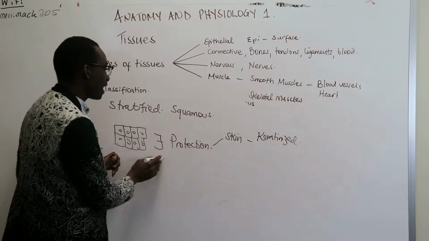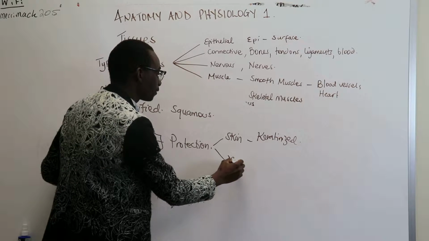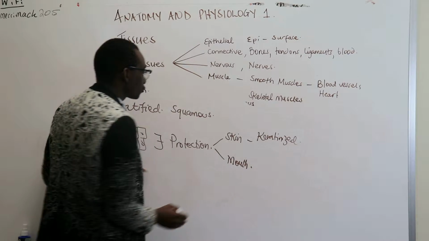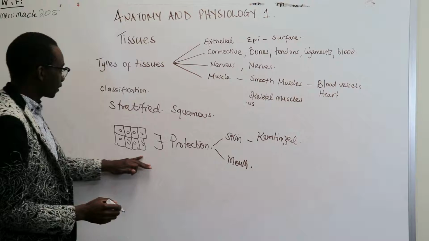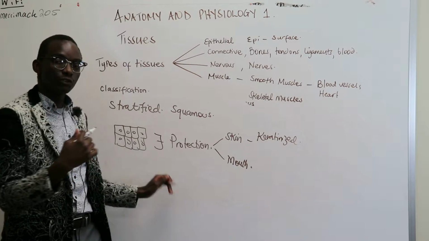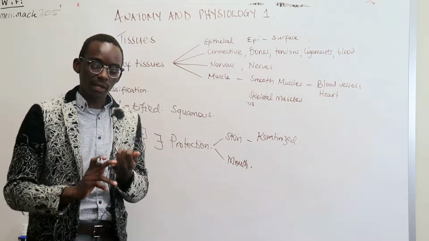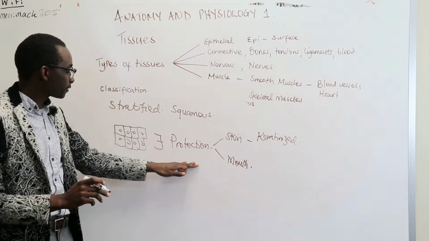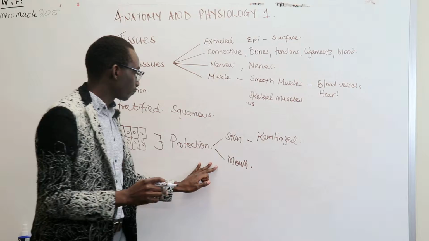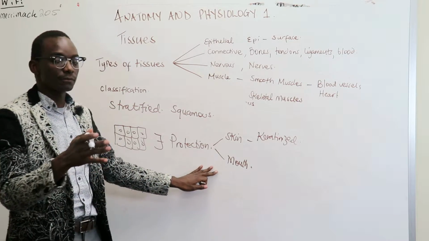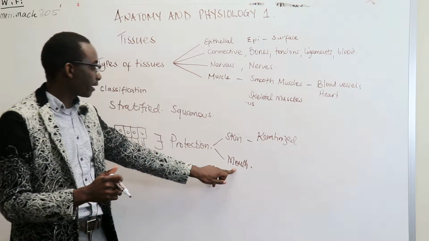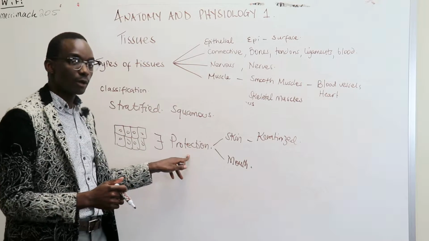And also, we find these cells in the mouth. They are usually also found in moist areas like the mouth and areas of the vagina. So those areas are a bit thicker than the ones we saw in the simple squamous, and here they play a role also for protection.